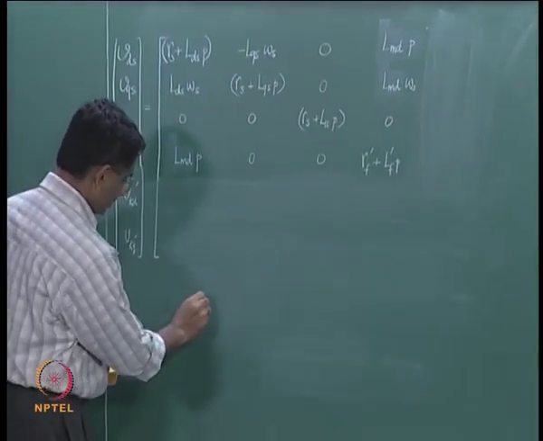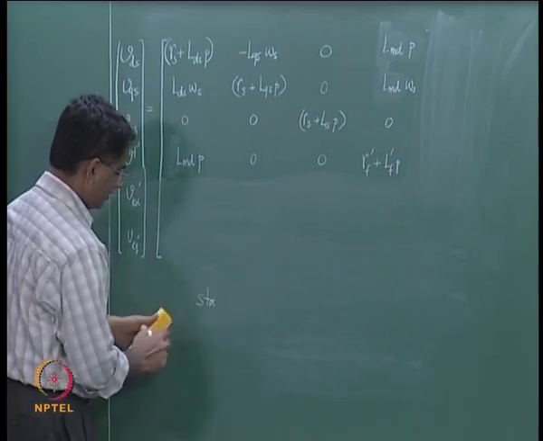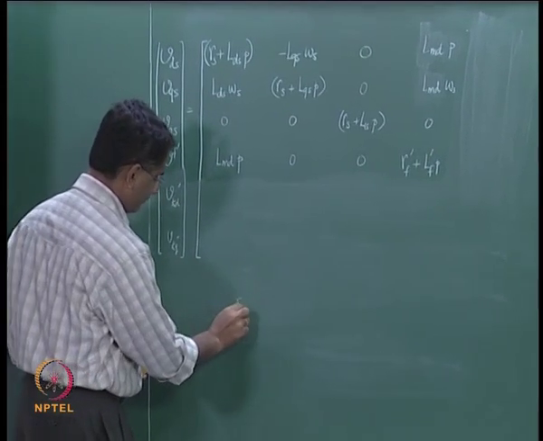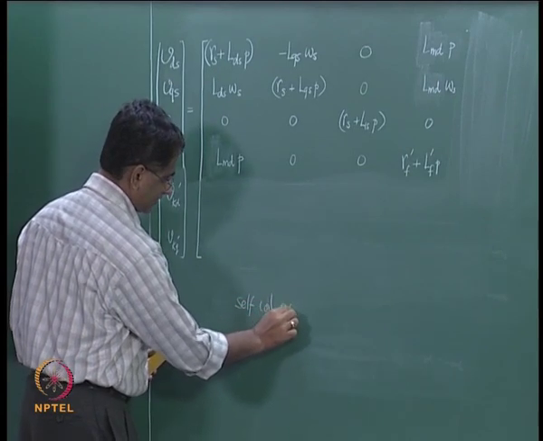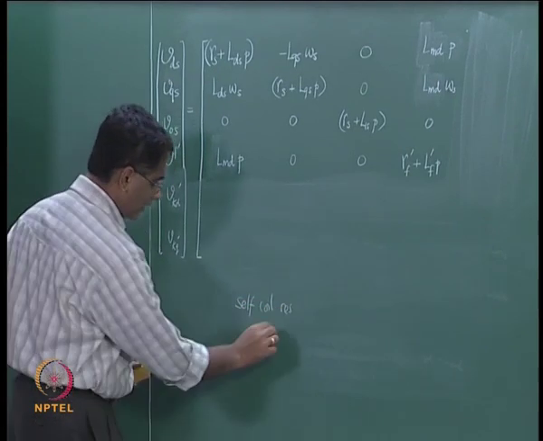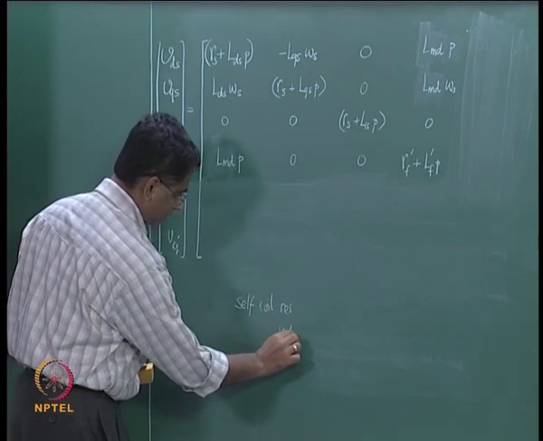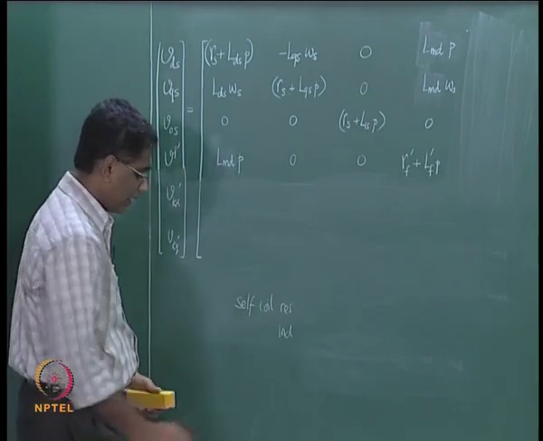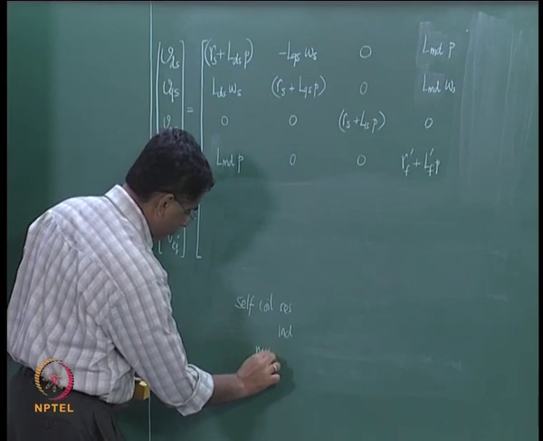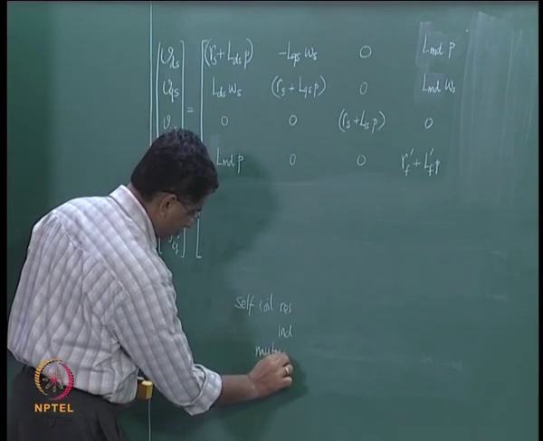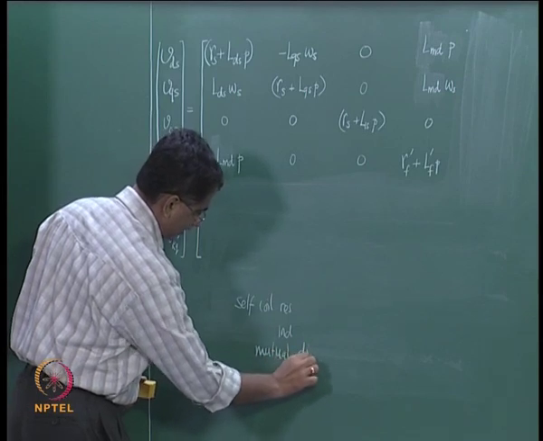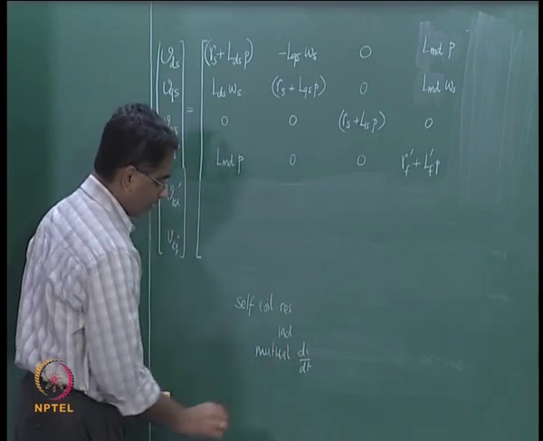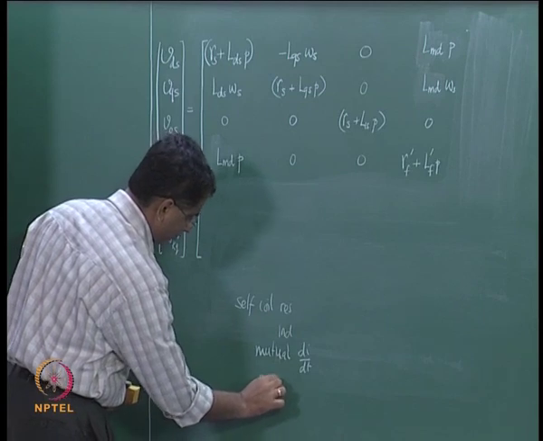One is the stator self coil resistance terms and the self coil inductance terms, and then the mutual di by dt terms, and then you have speed EMF terms.